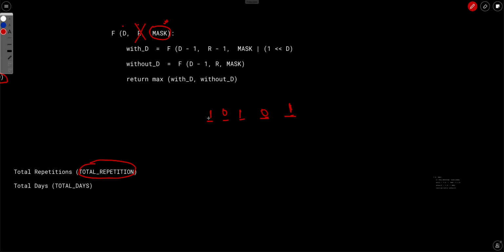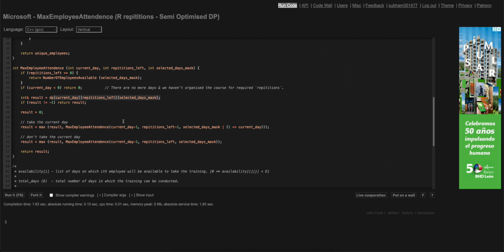Now if you have this 3 bit set in your mask, it means that r will be equal to this minus 3, because whenever you are adding something to the mask, you are also subtracting one from the total repetitions. Just to recap, previously whenever we selected something with mask, we were also removing one from the repetitions left.